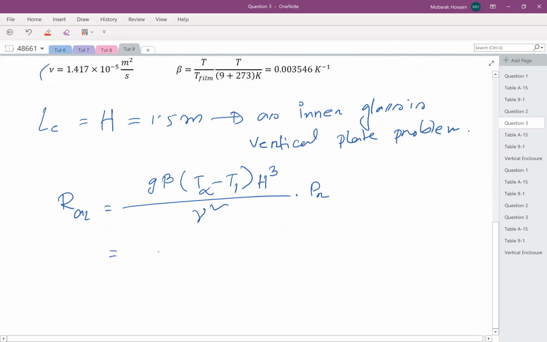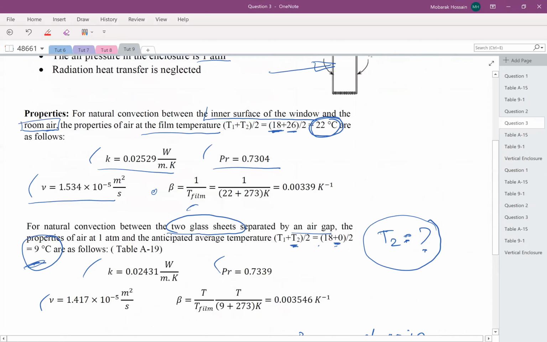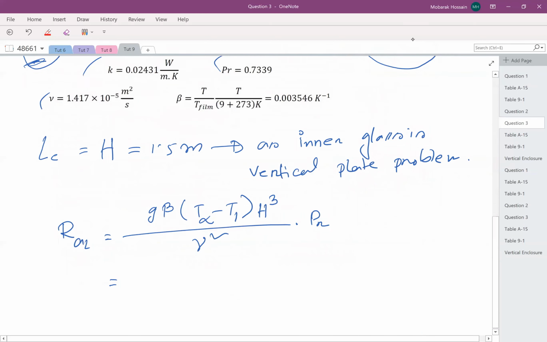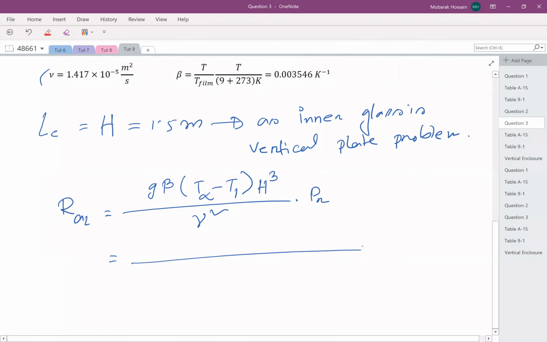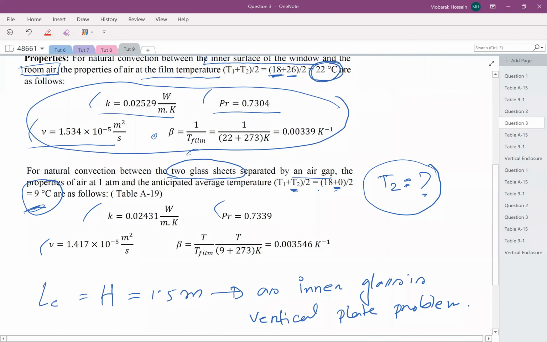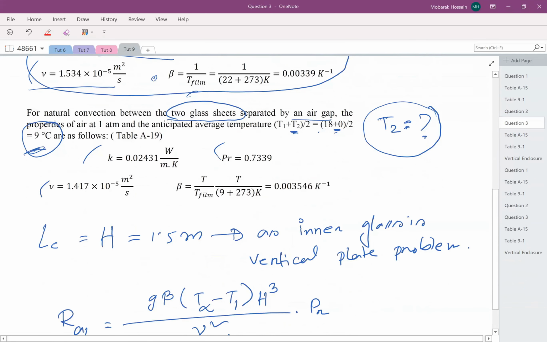So here we will use the first set of properties, because this calculation is between the room and the inner glass. So 9.81, then the film temperature, if we convert to Kelvin, how much was 22 if we convert to Kelvin?